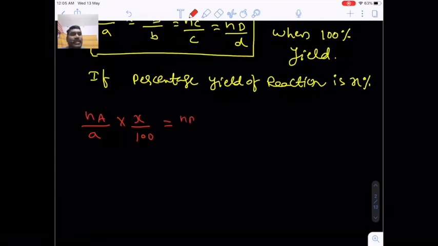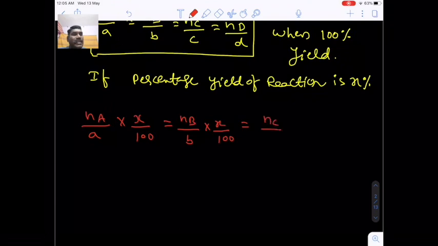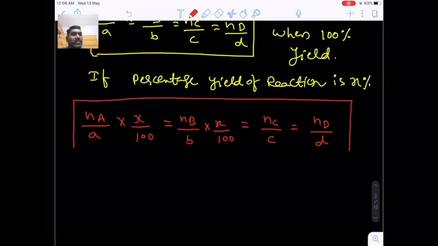Number of moles of B by stoichiometry B into percentage yield. Now number of moles of C by stoichiometry coefficient, number of moles of D by stoichiometry coefficient. Here we only have to multiply the percentage yield on the reactant side. This is very important.